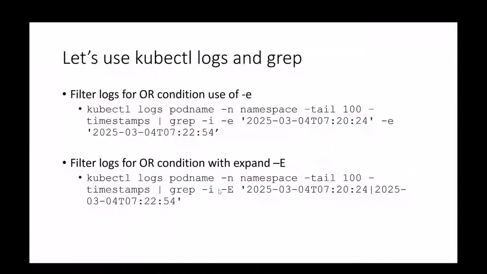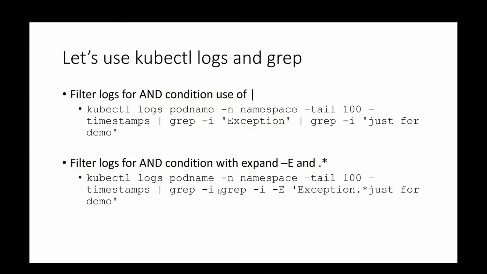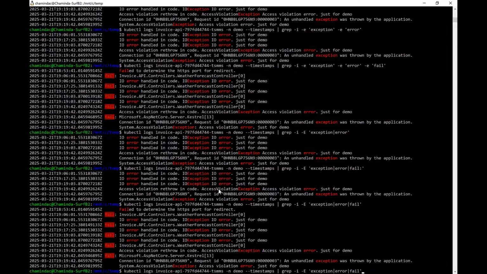All right. Now we have seen how to achieve an OR condition. How about an AND condition? To achieve an AND condition when filtering Kubernetes logs, we can use multiple piping again. So let's try to do that first. Let's change this and say, okay, I want to get anything that is having exception.